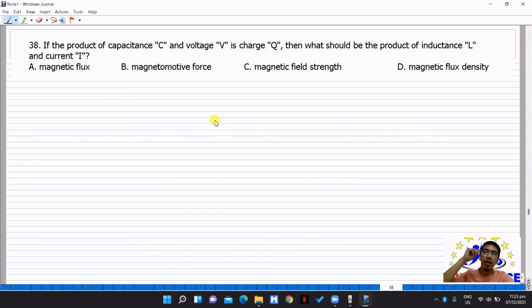Sa magnetic circuits, ano bang relation ng L at saka I natin? Product ng LI. Di ba yung L I equals flux times N? Okay, ano ba yung flux times N natin? Turn. Flux turn.